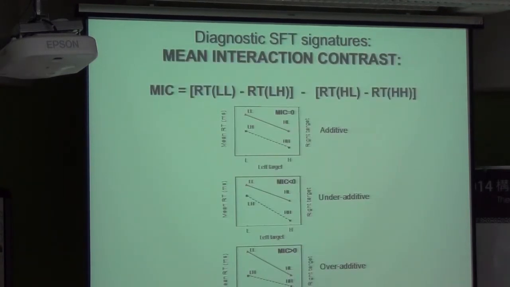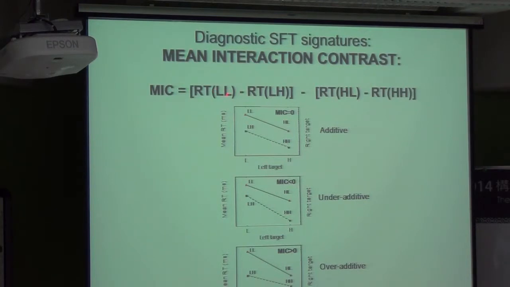As a matter of fact, within the SFT approach there are two signatures used, and one is called the mean interaction contrast. Here, we didn't talk much about this one. It is also based on double differences of, this time, reaction times for these experimental conditions. They're pretty much low-low, low-high, high-low. They correspond to different levels of salience. If you remember, we have to have a low and high salience of our factors.